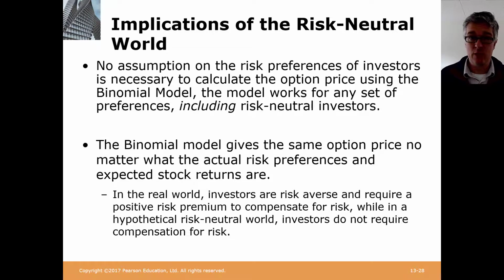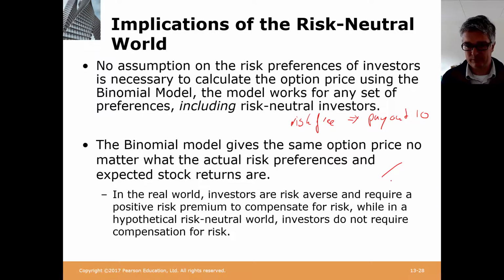So one thing that we do know is that in the real world, investors are typically risk averse. So if I have, let's say, something that's risk-free, that gives me a certain payout of let's say 10, and then I have an uncertain payout, something that gives me either a payout of 0 or of 20.